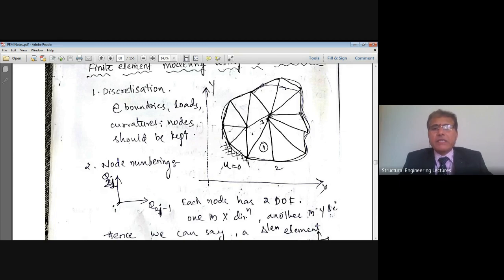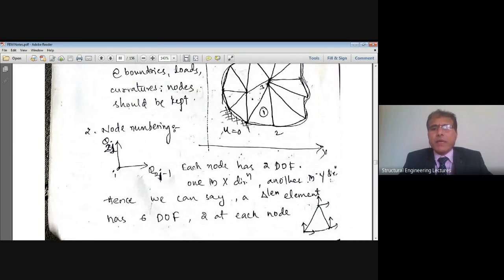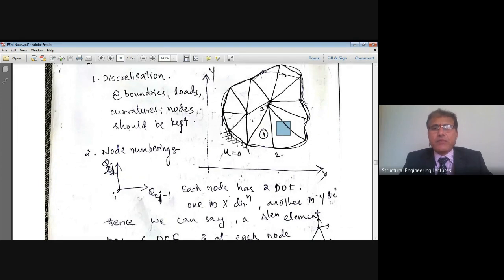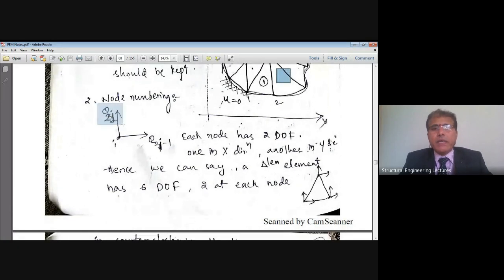Then once node numbering is done, we'll also do the element numbering. Maybe 1, 2, 3 is notated by element 1. Maybe 2, 4, 3 is notated by the element 2, up to the last element, the nth element, right? Then the node numbering will be done using this format, that at any ith node, the degrees of freedom are given by Q2I minus 1 along x direction and Q2I along y direction.